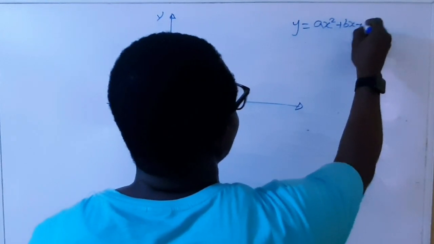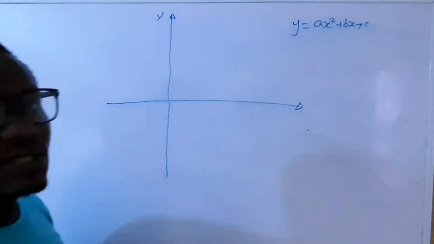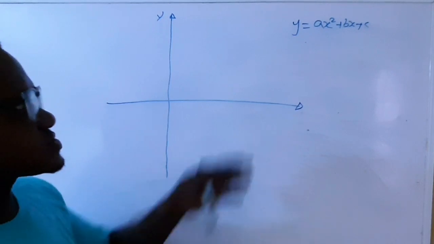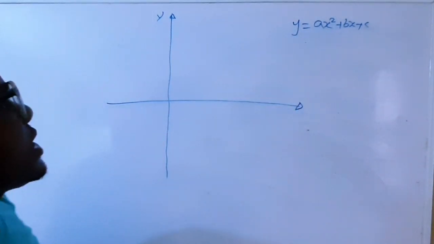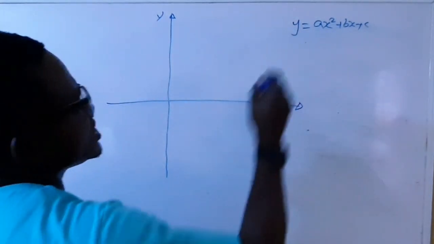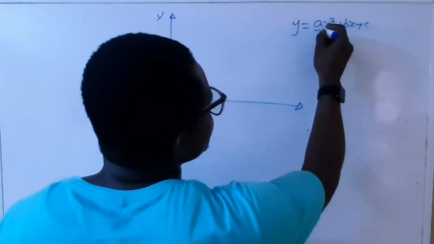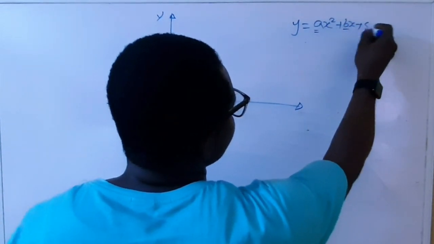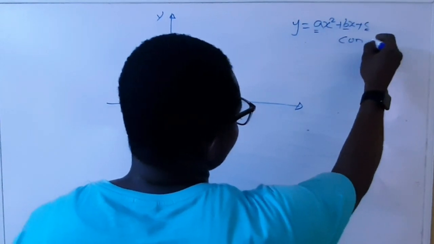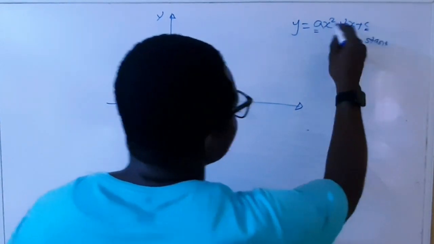You've plotted this graph, and a, b, and c are constants. It means that they could be any value.